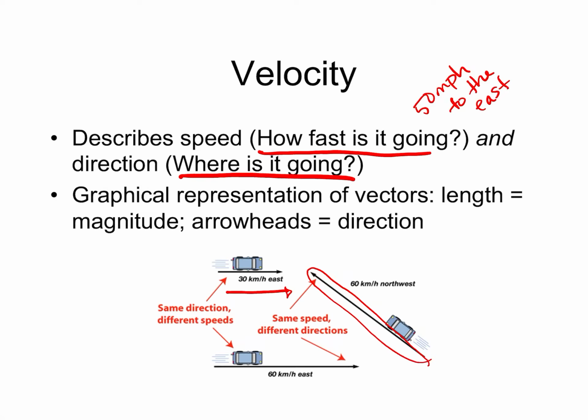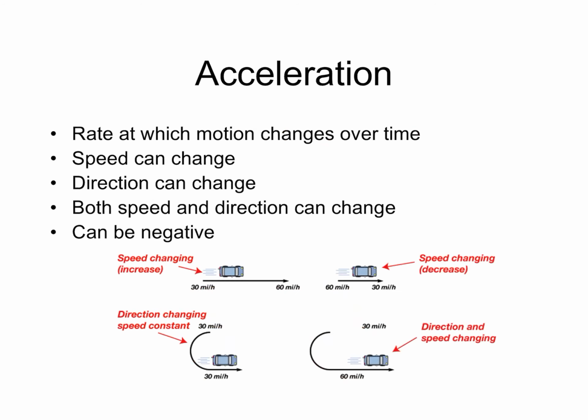So velocity is considered to be a vector, and a vector tells you not only how fast it's going, like the magnitude of it, but it tells you where, and that arrow should be represented as, you know, if it's faster, it should be longer. Okay? So velocity tells you not only how fast, but also where.